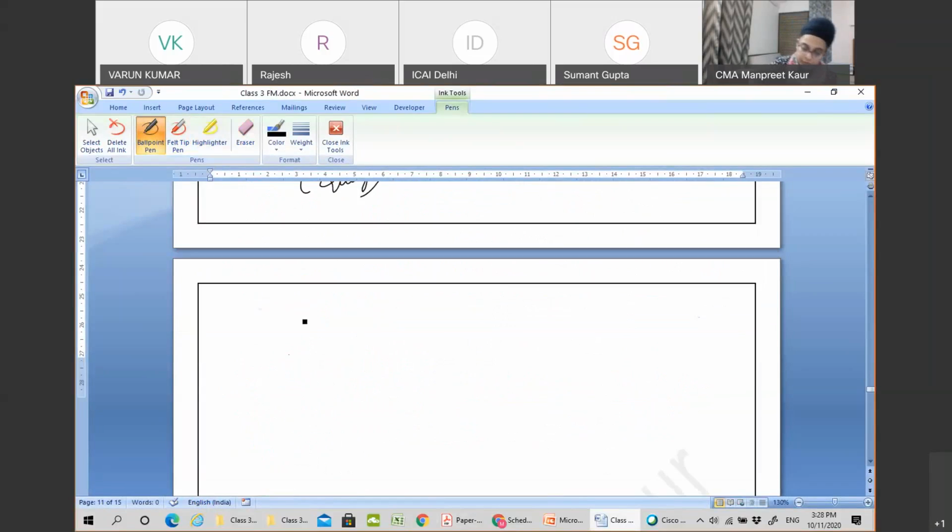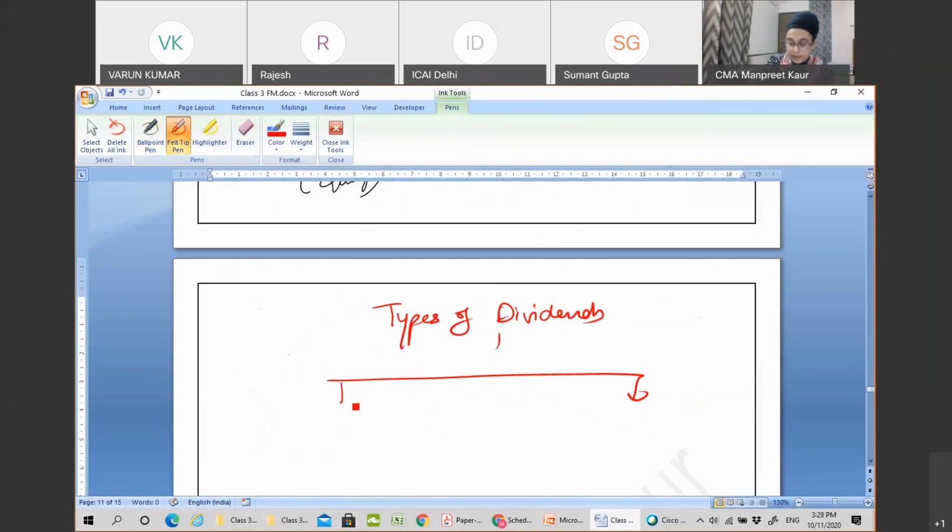Next, we will do the types of dividend. First is the cash dividend and second is the stock dividend.